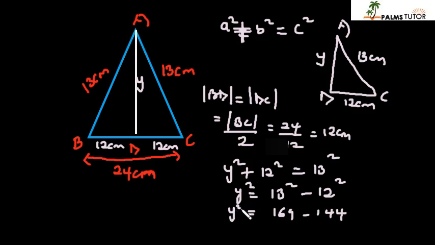So our y squared equals 169 minus 144, which is 25. Therefore, taking the square root of both sides, y equals the square root of 25, and our y equals 5, which means that the value of y in this triangle is 5 centimeter.